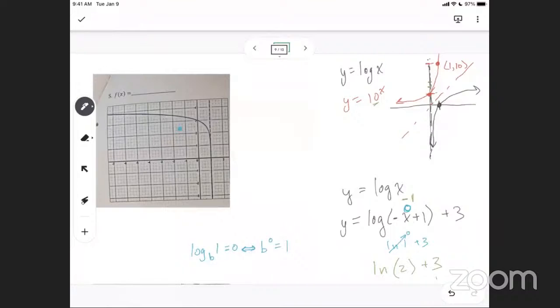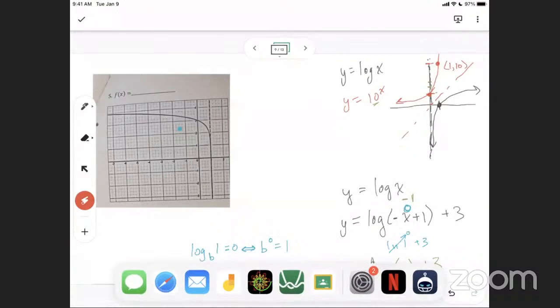Yeah, that makes sense. Because now when I plug that number in, you're still going to get 3 here because the log base 10 of 1 is still 0. So you're still going to get this point here. But when you plug in -1 right here, you're going to get the log of 2, not the ln of 2.